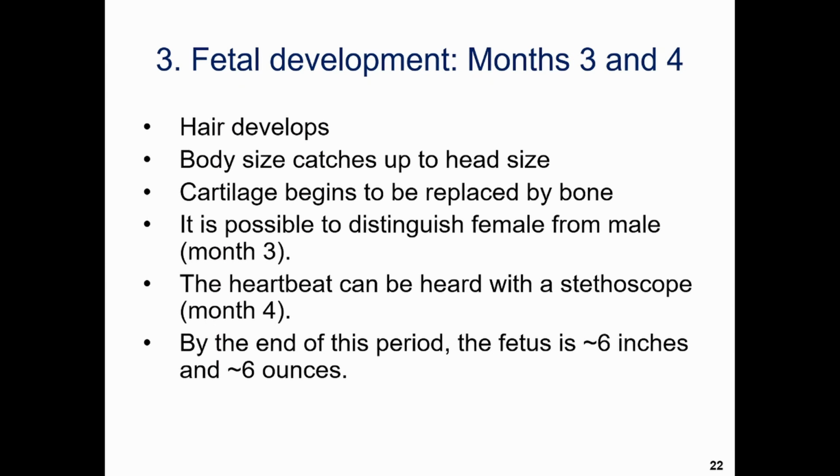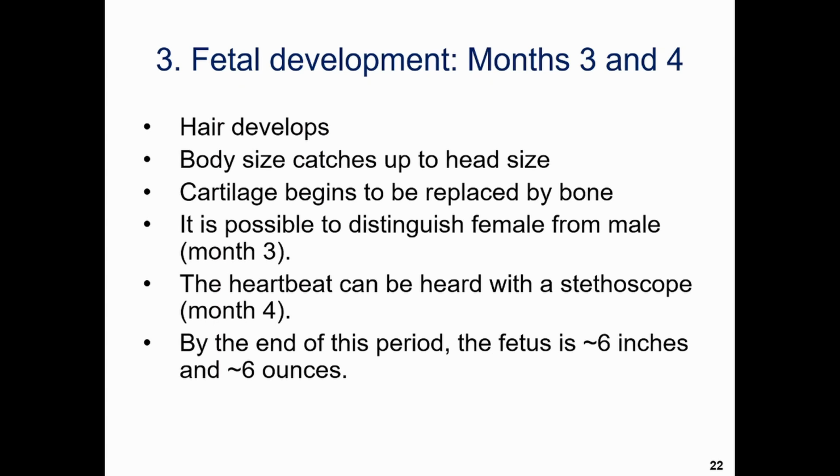Now we move into fetal development. Once we've hit months 3 and 4, we now consider this to be a fetus, not an embryo. At this point, hair starts to develop, and if you remember from the embryonic side, the head was growing very, very fast, but the body was staying pretty rudimentary. During these months is when the body's going to catch up with the head.